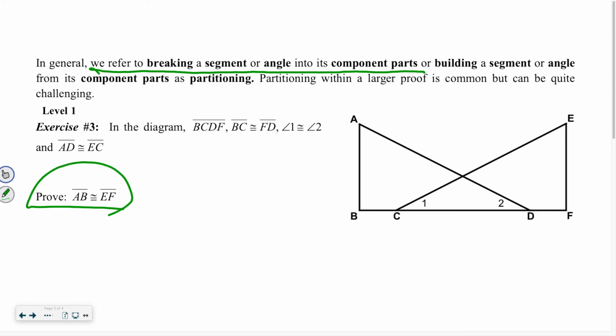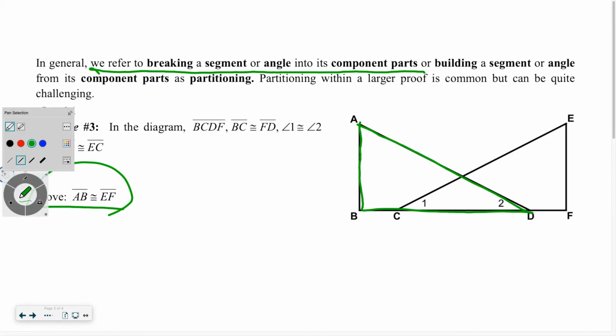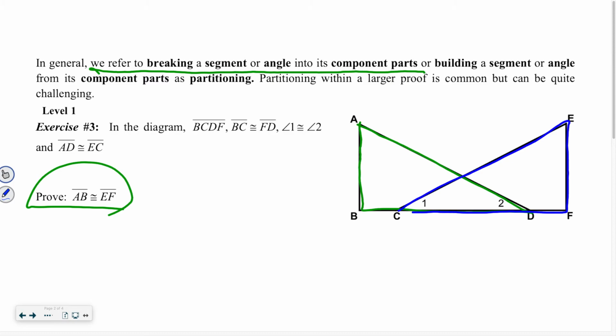But again, I have two triangles here that I need to prove are congruent, right? I have that triangle and I have the other triangle. And I need to prove these two triangles are congruent before I can prove this, because of course, this is going to be true by CPCTC.